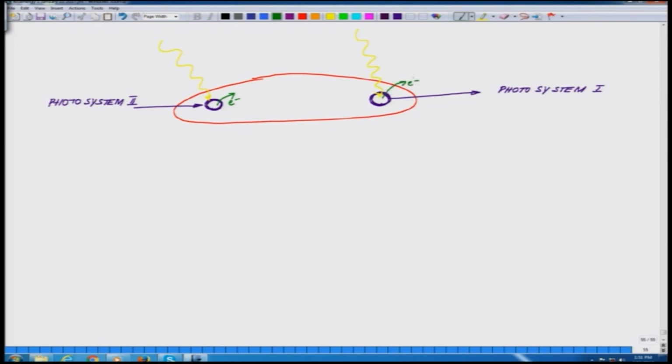Now, the electron which is generated in photosystem 1 generates a reducing power because it is an electron.